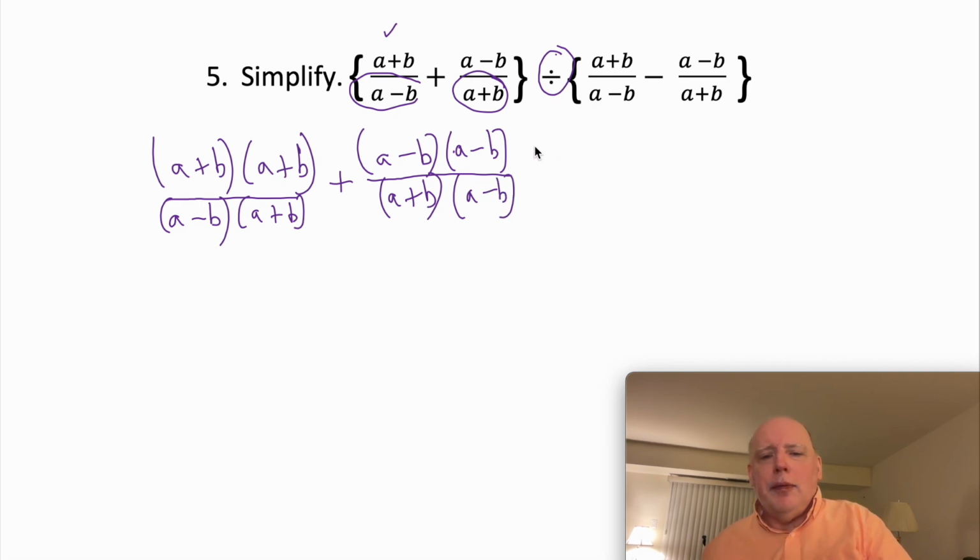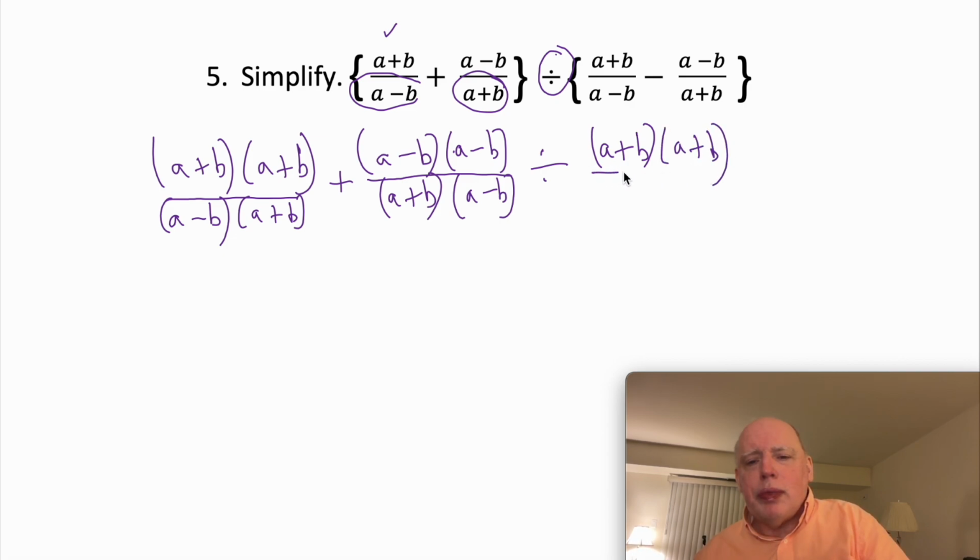And then we'll do the same thing with this one. So we're dividing it, and it's going to be a similar game. And so it's going to be a plus b times a plus b, a minus b times a plus b. This time it's a minus.